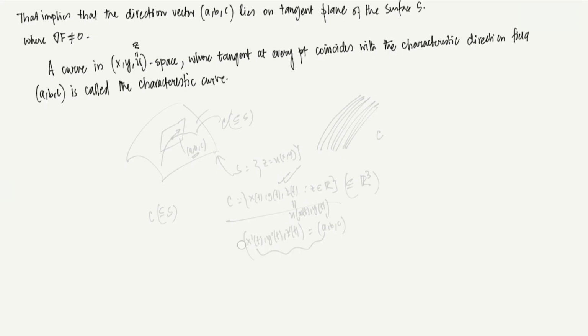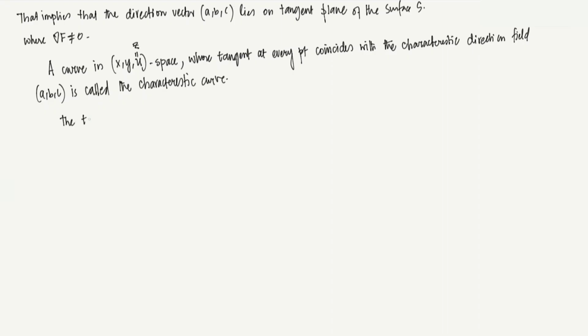See, the thing is this. The tangent vector to the curve, the characteristic curve, as I have already mentioned, is parameterized by t.